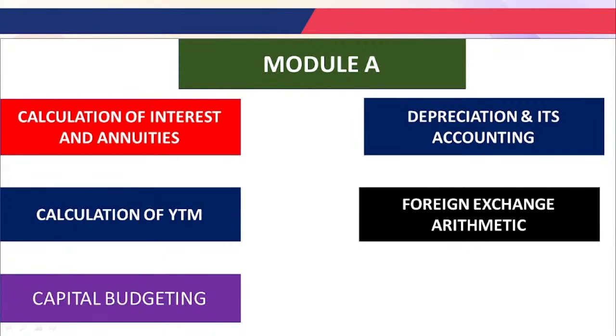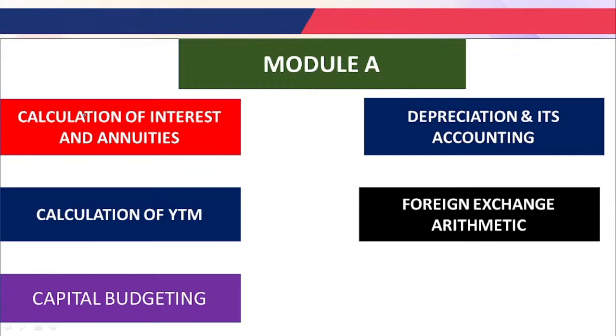So let's start with Module A, and before starting, I would like to convey one thing here. If you are starting the preparation for the JAIIB examination, the first thing you should understand is that you have to write down all the different topics you are going to read, if you are reading on your own.